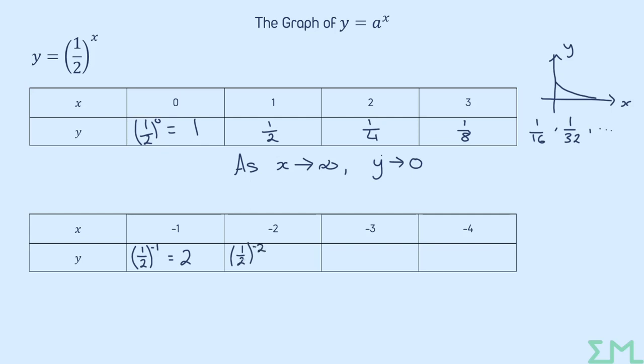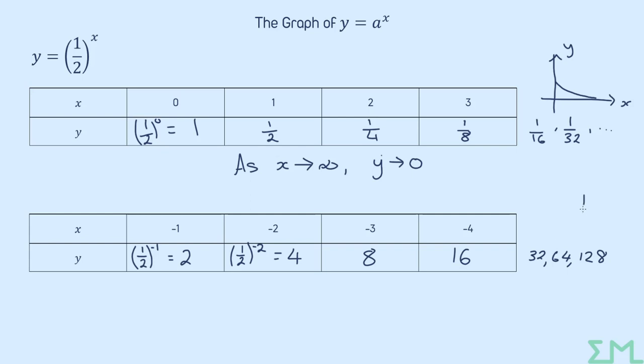Okay, a half to the negative 2. Again, reciprocate to get 2, square, 4. A half to the negative 3. The negative reciprocates to get 2, cube to get 8. And then the same here, 16. It carries on, 32, 64. It is literally like we have swapped these two tables around, all just because we did 1 over the base number, made it a number less than 1.